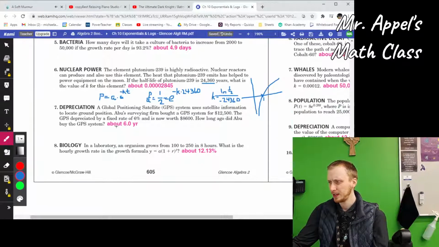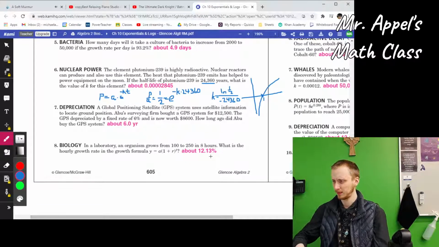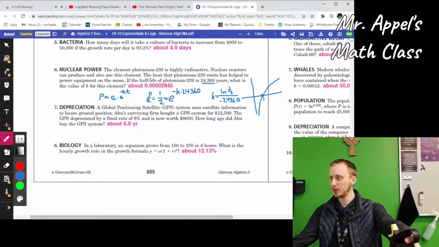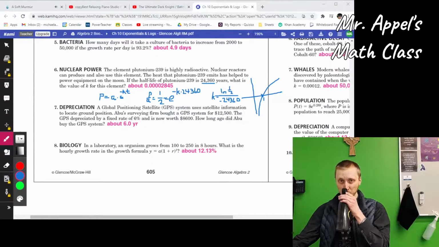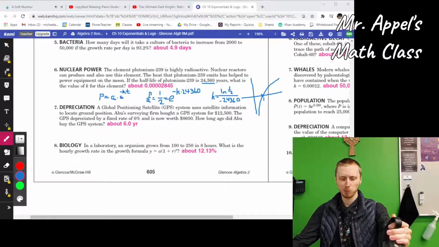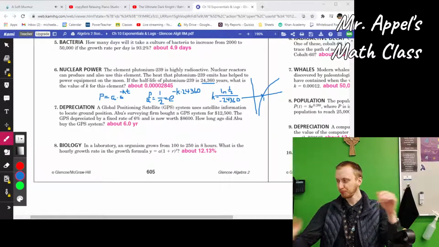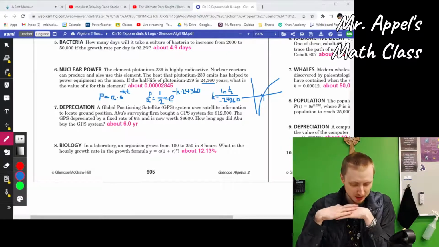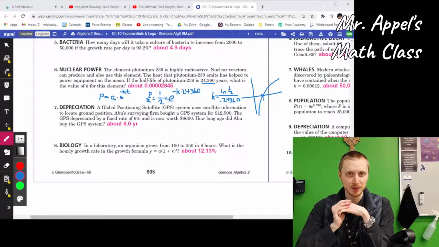And then there is 7 and 8. Any more questions from the front page? Looking like the natural log ones are giving you the most trouble.